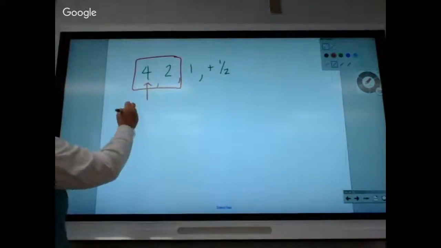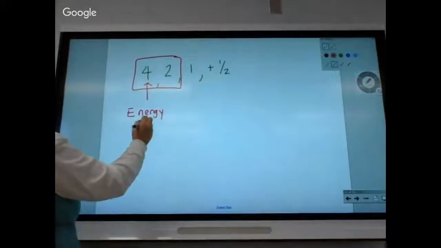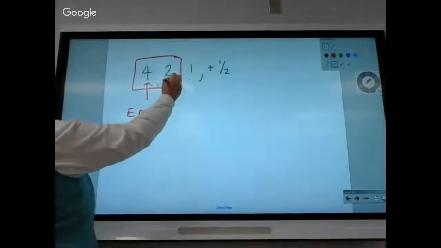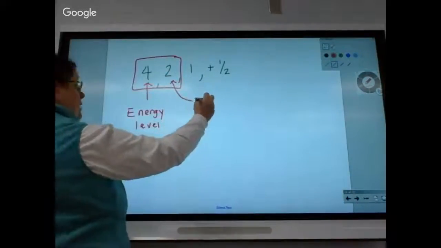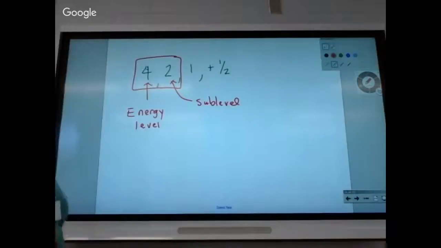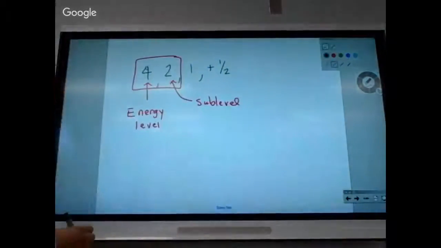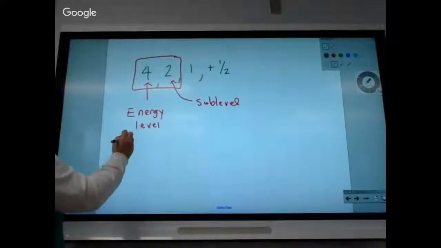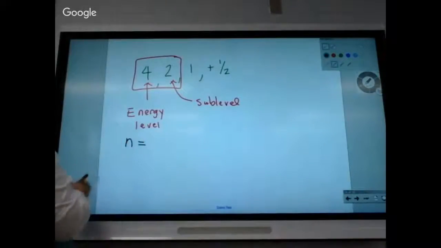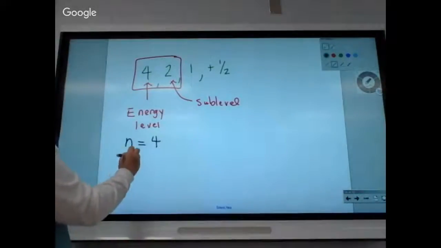Energy. This is the energy level. And this is the sublevel. If that's the energy level, what energy level are we talking about? N equals 4.